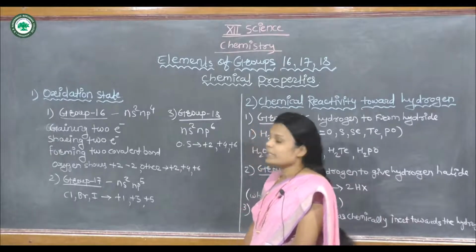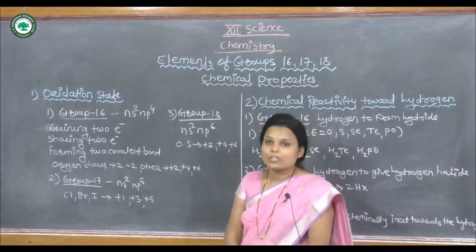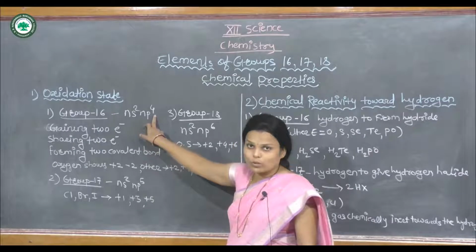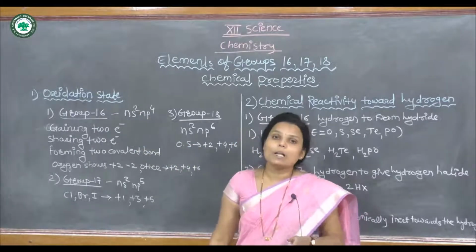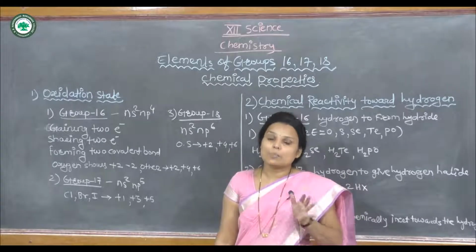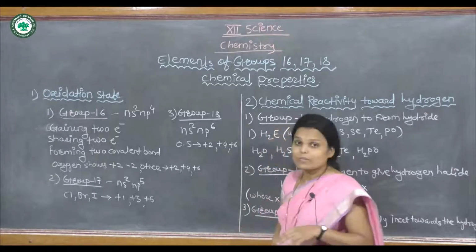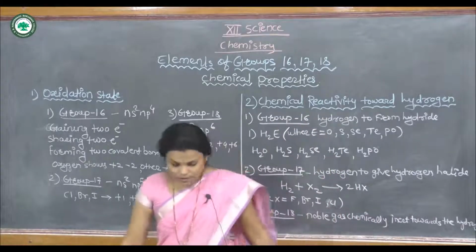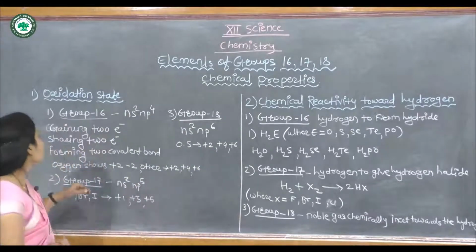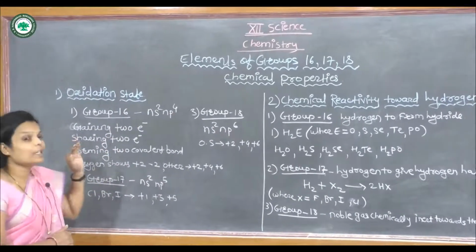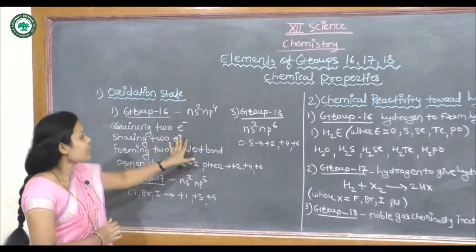Group 16 is represented by the valence shell electronic configuration ns2np4. ns2np4 means there are 4 electrons in the last subshell, the p orbital. For the oxidation states of group 16, it gains 2 electrons. Why does it gain 2 electrons?